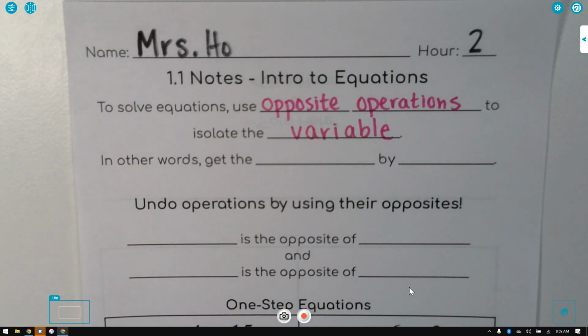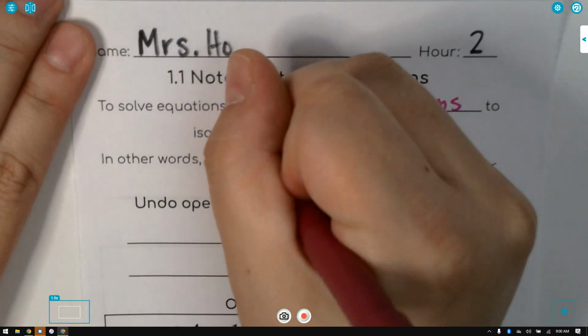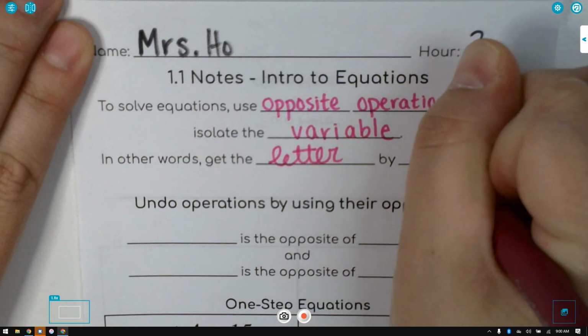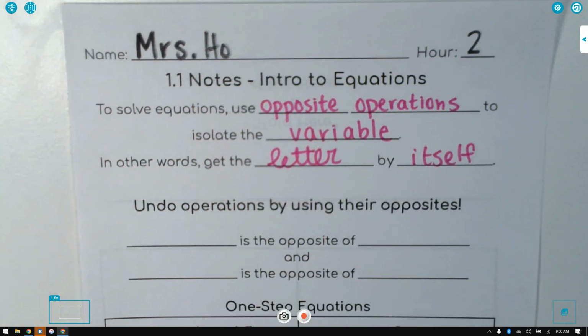We use opposite operations to isolate a variable. In other words, we are trying to get the letter, our variable, by itself. That's an L. Sorry, I used a weird L. So we use opposite operations. We're trying to get the letter by itself.